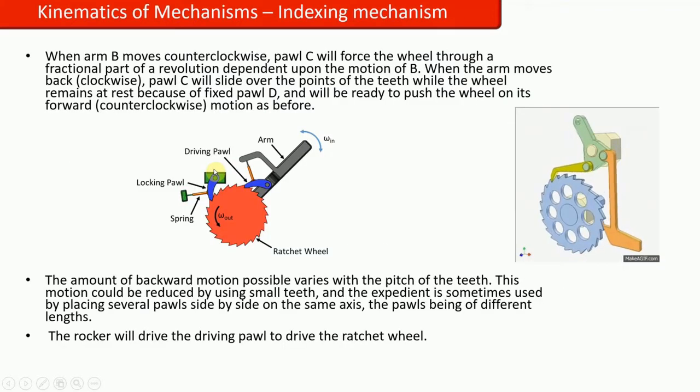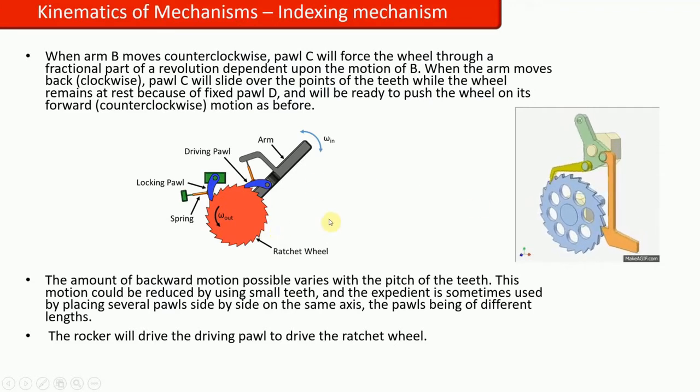Let us see how this is done. In this mechanism you can see there is an oscillating arm and 2 pawls. Here the ratchet wheel has intermittent motion. That means it doesn't rotate continuously but rotates in regular intervals of time. That is the characteristic of an indexing mechanism. The way it works is this oscillating arm oscillates with some omega, and this pawl pushes the ratchet wheel to move anti-clockwise, and this locking pawl helps in preventing it from rotating backwards.